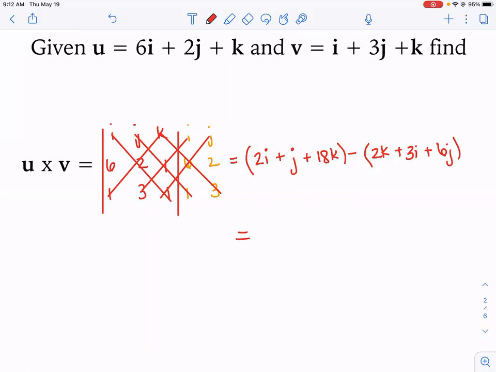We have 2i minus 3i, negative i. We have j minus 6j, minus 5j, right? And then 18k minus 2k would give us 16k.